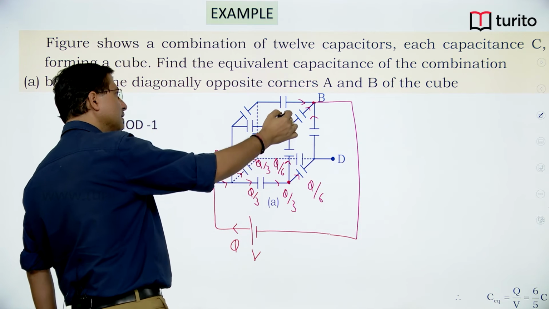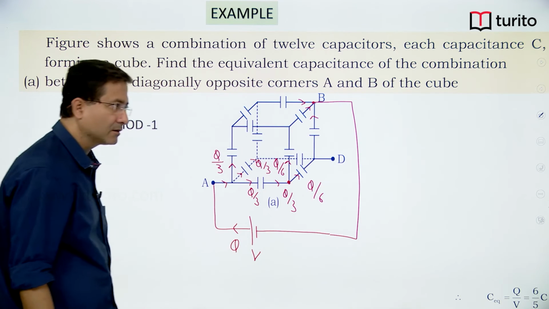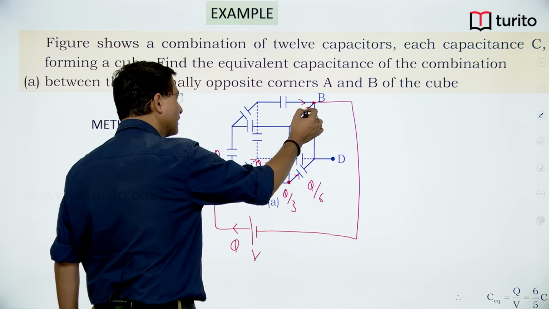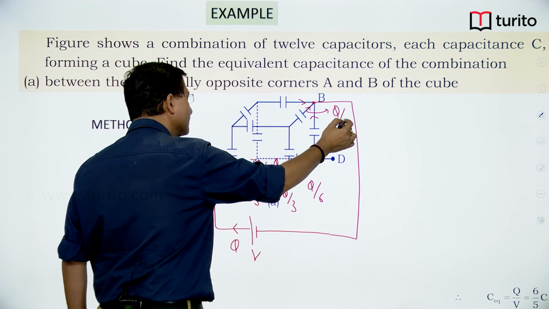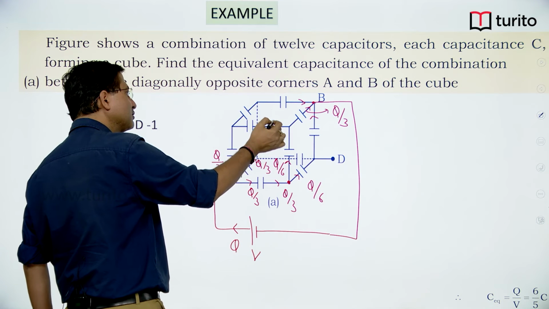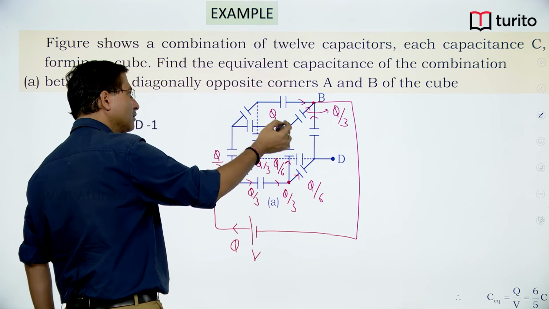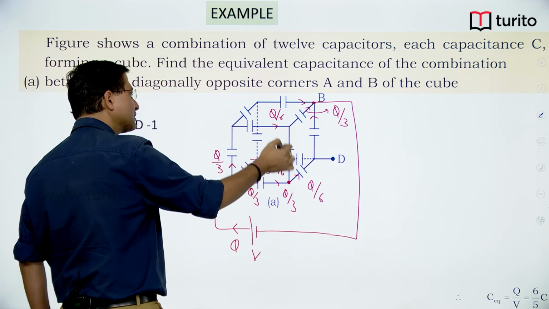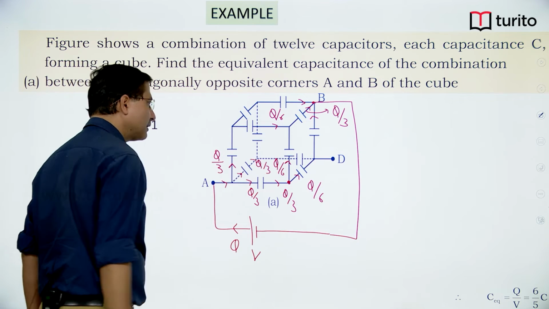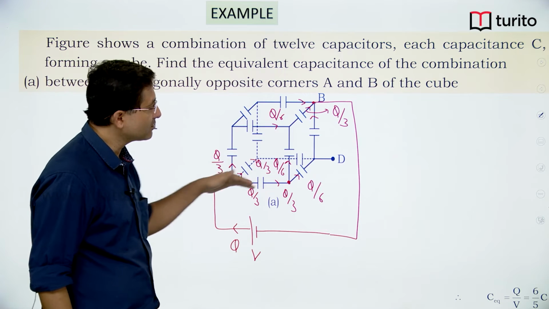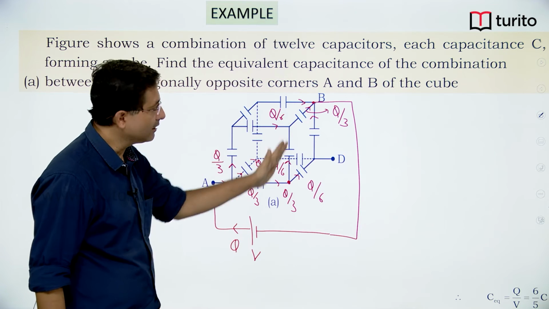Whatever is given to this branch, the same will be given back by this branch, because there is input output symmetry. So, if this is Q by 3, this charge has to be Q by 3. So, if this is Q by 6, this is Q by 3, that means Q by 6 will be coming through this one, and this Q by 6 and Q by 6 will make it Q by 3, right. So, you can select any of the branches, I have selected this branch, right.